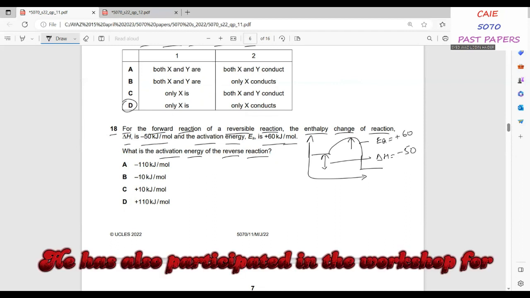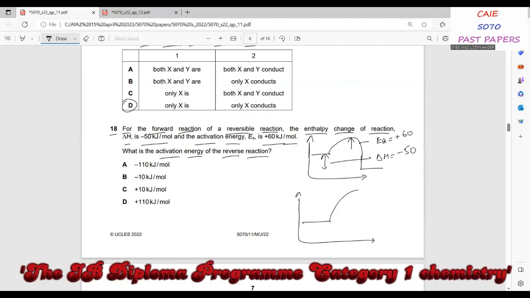The reverse of this reaction is endothermic. So the energy profile diagram will be like this. Product will be at high energy state. This time the activation energy will be this, and the enthalpy change will be this.